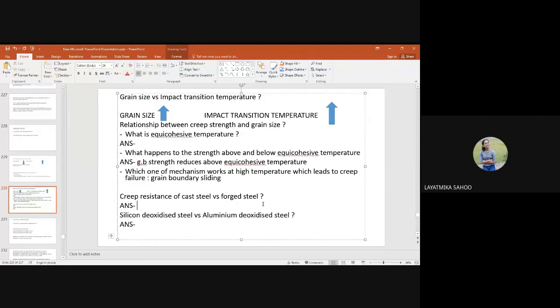Sir, the temperature is 1,000 degrees. Sir, elongated grain size. Elongated grain size you will obtain upon plastic deformation, right? But the temperature is high. Temperature is also there.